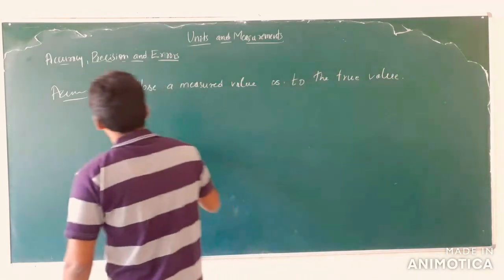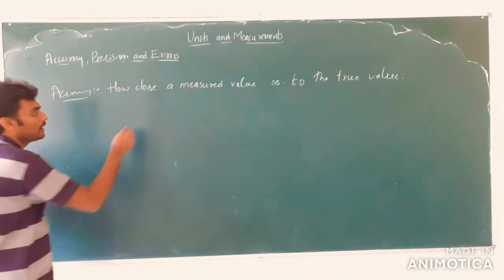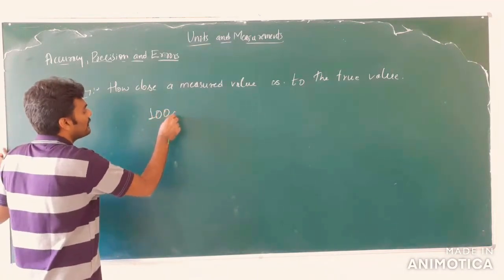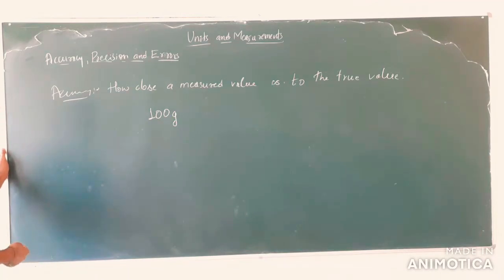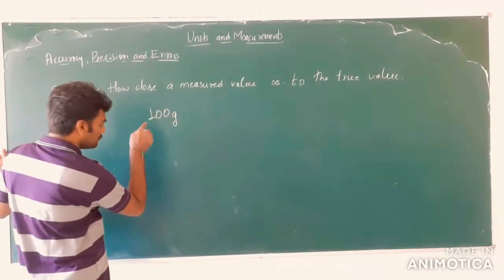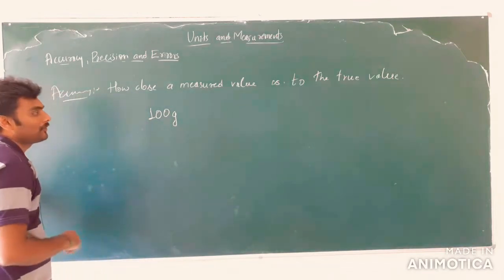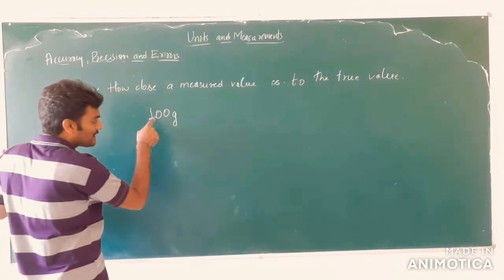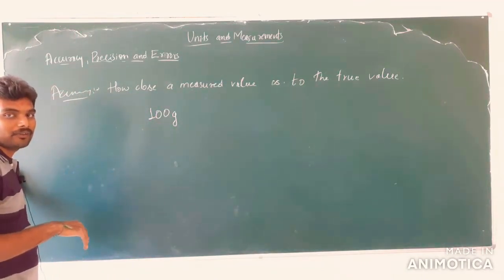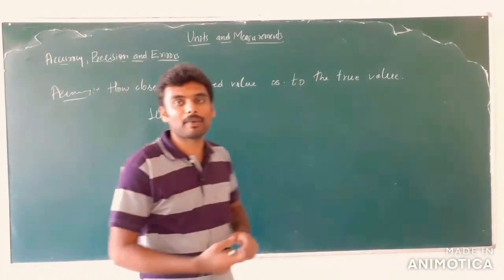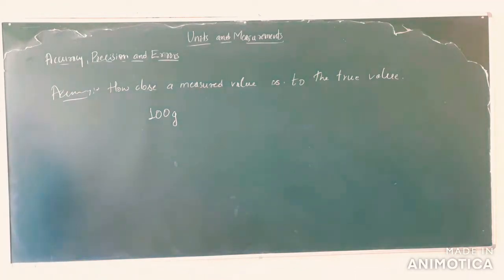Considering the same example that I gave, 100 gram is the mass of the given toothpaste, and this 100 gram is the true value, it is fixed, it is the standard value. If I measure the same 100 gram toothpaste using different weighing scales which I have, like a spring balance, let me show you how the spring balance looks.